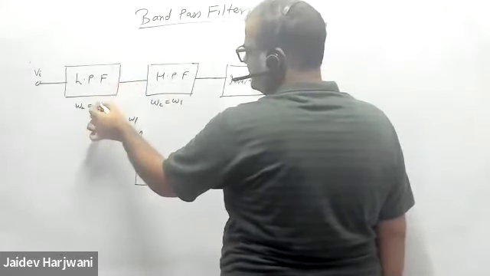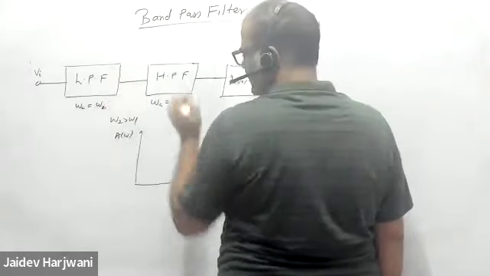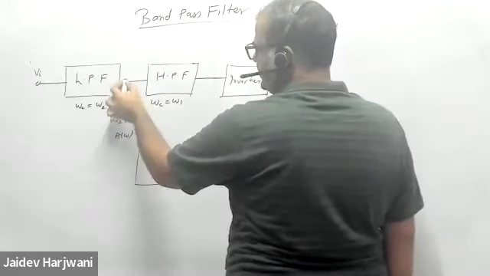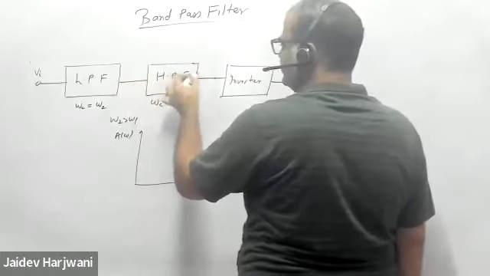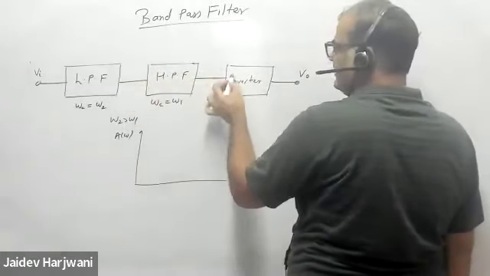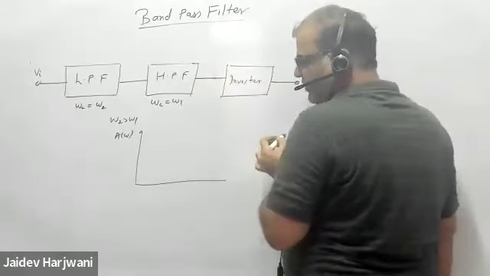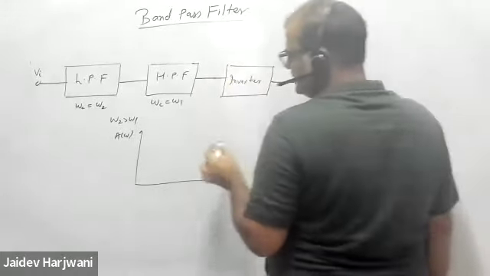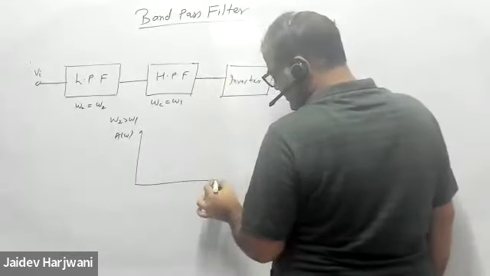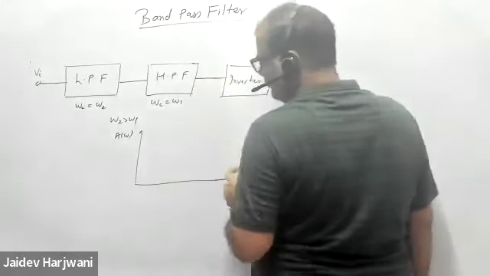This has a cutoff frequency omega 2. Whatever output is coming here will be the input of this one. Here is only inversion. We'll put an inverter and make it positive because I'm using the low pass and high pass filter in the inverting configuration.